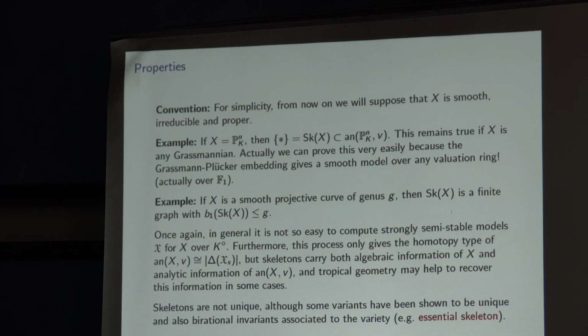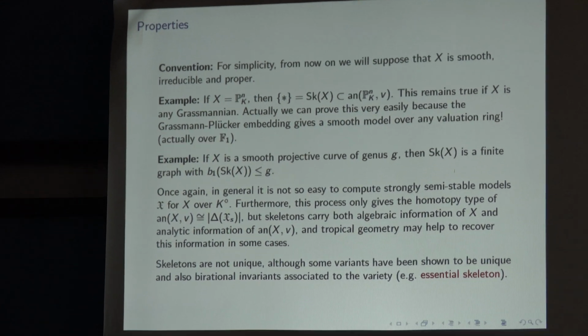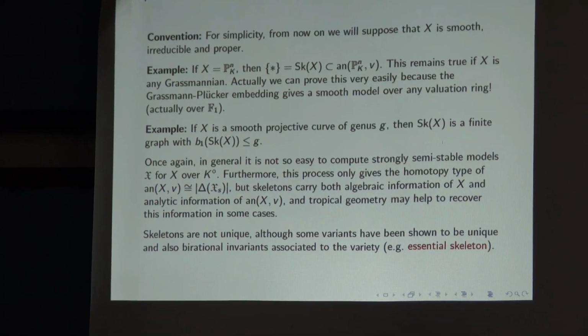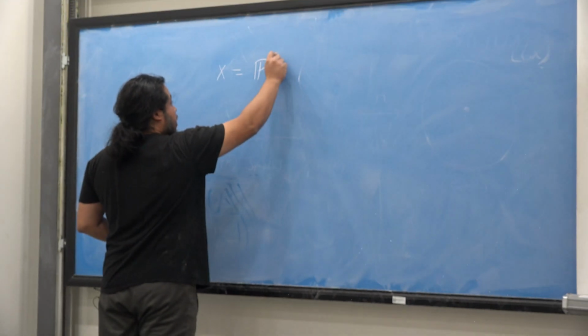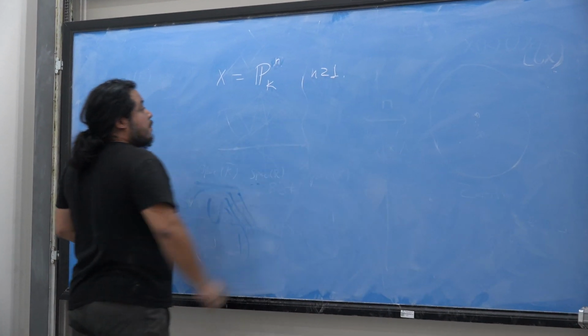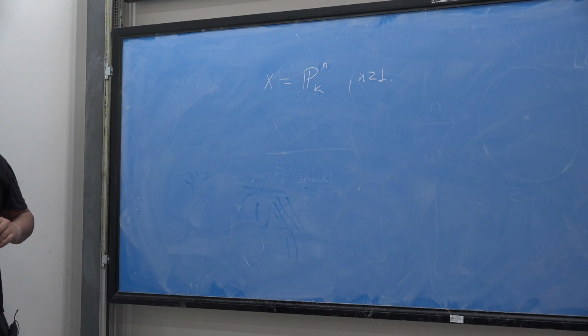Let me consider the projective space, any projective space. So these guys are algebraic. This is just P^n_K. Then I am saying that the skeleton is a point.